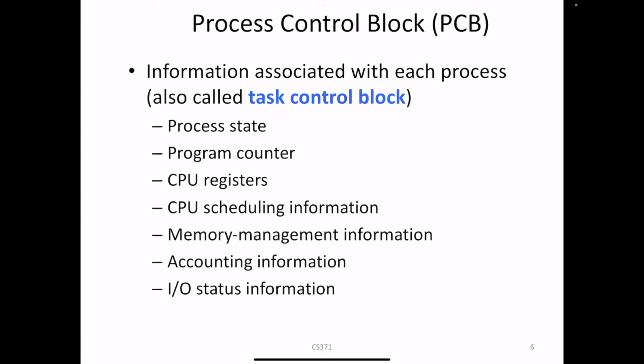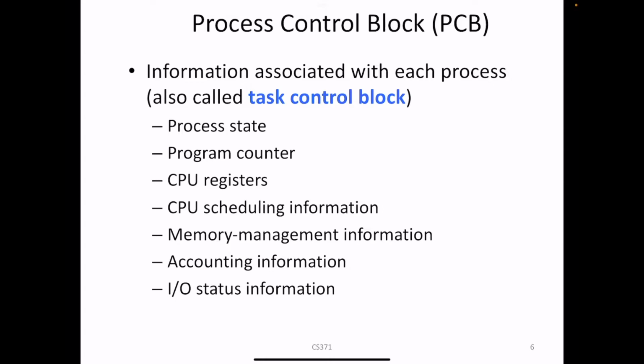Since the operating system needs to manage all the processes inside the computer system, it needs to maintain some information associated with each process. We call this information the PCB, which is short for process control block.